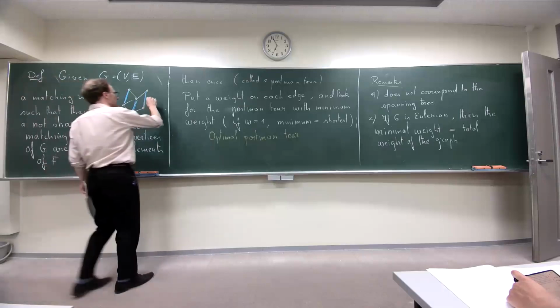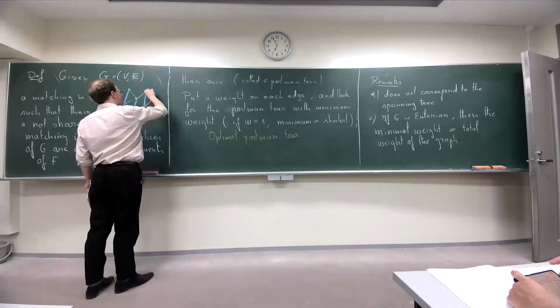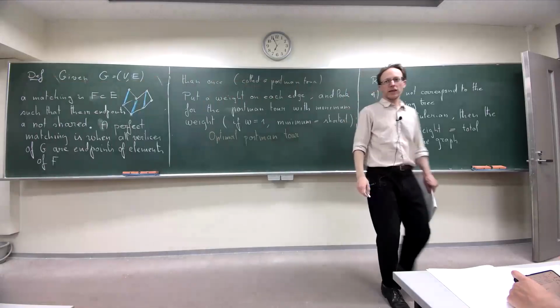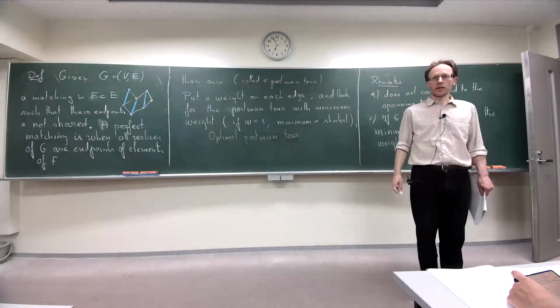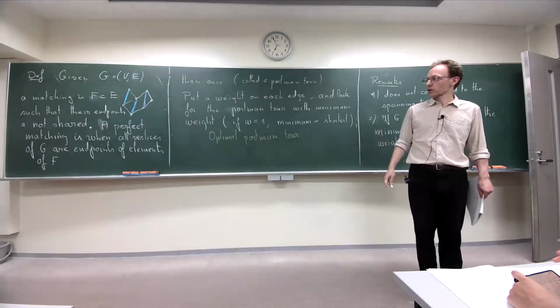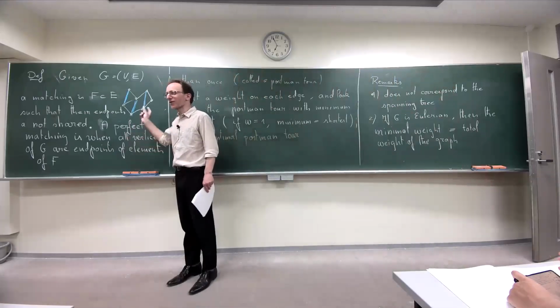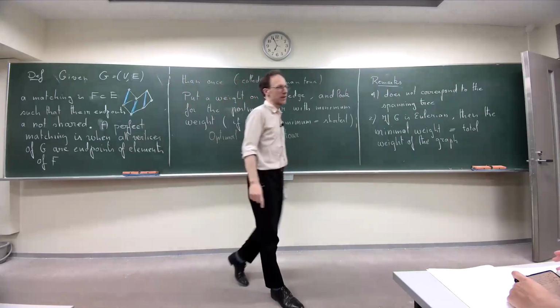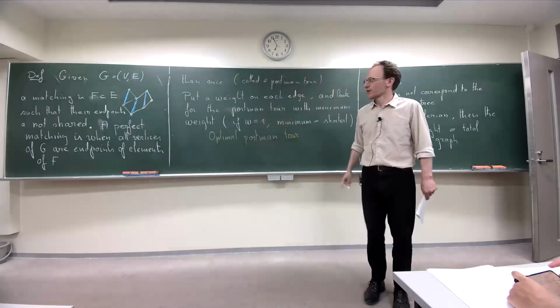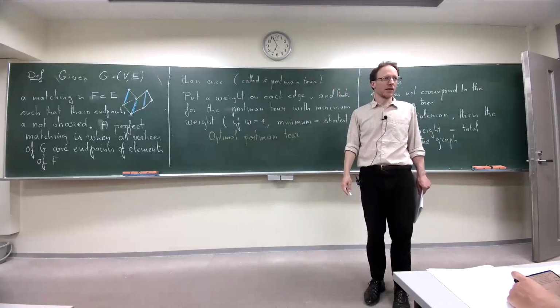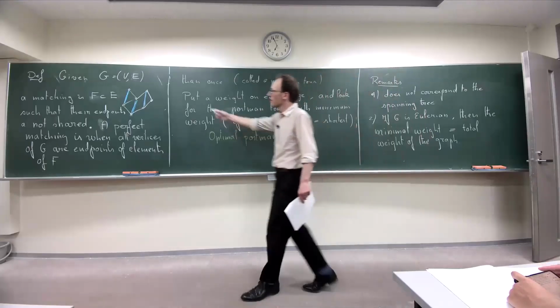If I had done a slightly more complicated graph, then I couldn't find a perfect matching for this one. But this one, I mean, this is not a perfect matching. I don't know if there is a perfect matching in this one. At least I cannot just continue this picture and find a perfect matching. Maybe there is one, but this is not a perfect matching.